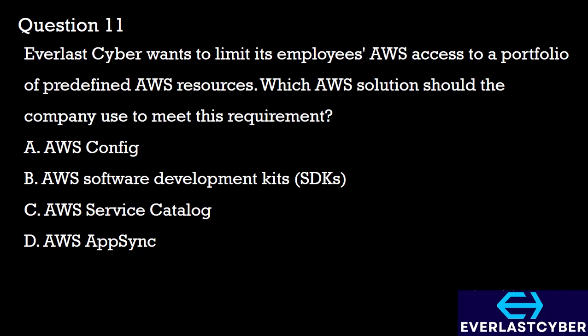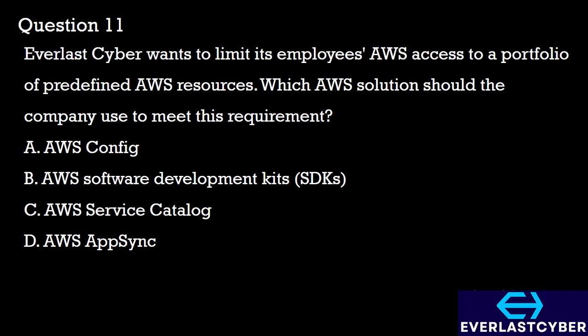AWS Config is used to monitor and evaluate configurations of AWS resources, but it does not control access to those resources. The AWS SDKs allow for programmatic access to AWS services, but they do not limit access to a predefined set of resources.